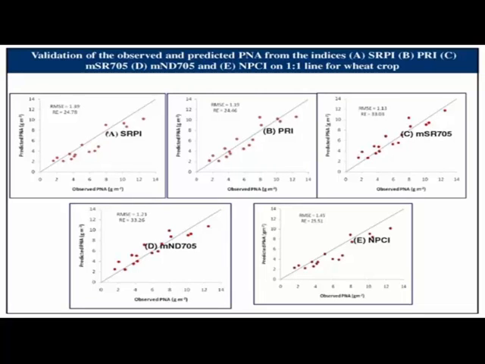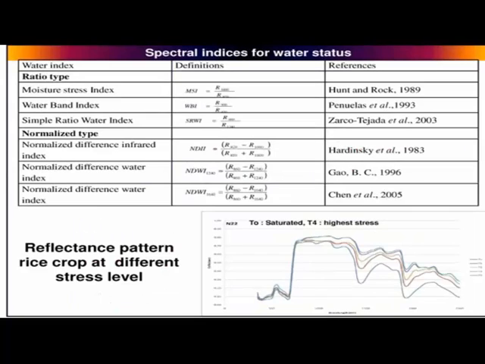Now coming back to water. Similarly, like in the case of nitrogen, where you could see some sensitive bands used for nitrogen stress monitoring, having the correlation ranking studies one can look for indices, for example the moisture stress index, which is nothing but the ratio of reflectance at 1600 by reflectance at 820.